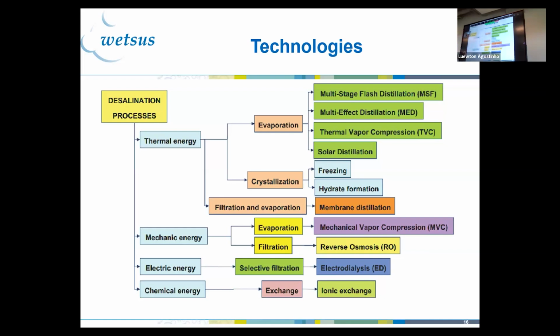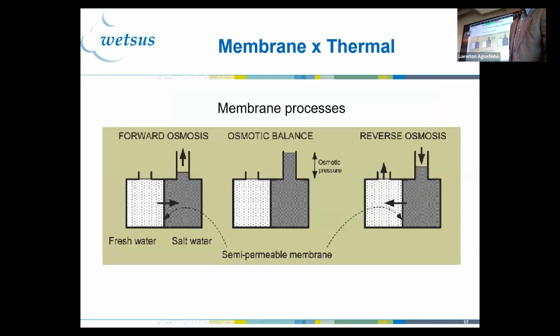But there are many different ones. Especially in thermal energy, you have multi-effect distillation, multi-stage flash distillation, thermal vapor compression, TVC, and solar distillation. For membrane, you have reverse osmosis, you have MVC, which is a combination of thermal and membrane, and you have electrodialysis, of which there are different types. If you compare membrane with thermal, membrane is a physical process.